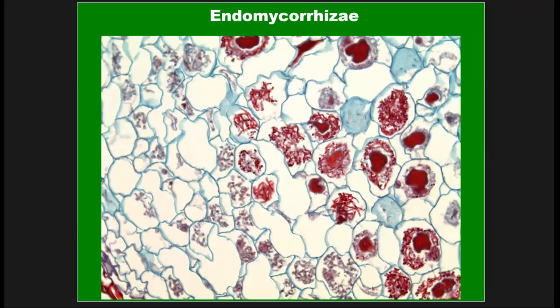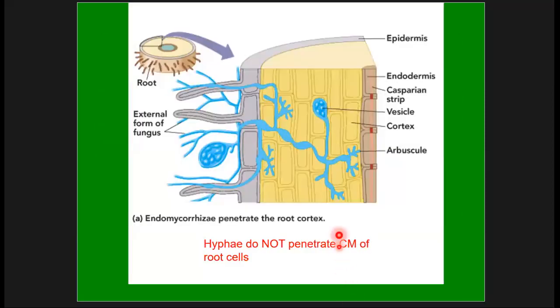What we see is that the fungus grows very lightly on the surface of the root, and then it grows into the root tissue, and it is a little bit more intimate in how it associates with the inner cells. It grows into the root tissue in the cell wall space, but then it can penetrate the cell wall and actually press up against the cell membrane of the root cell.